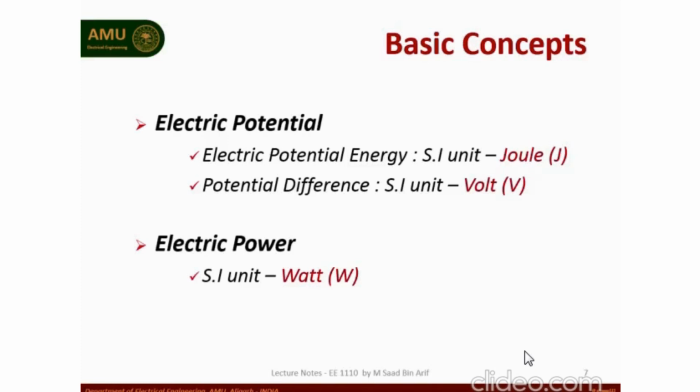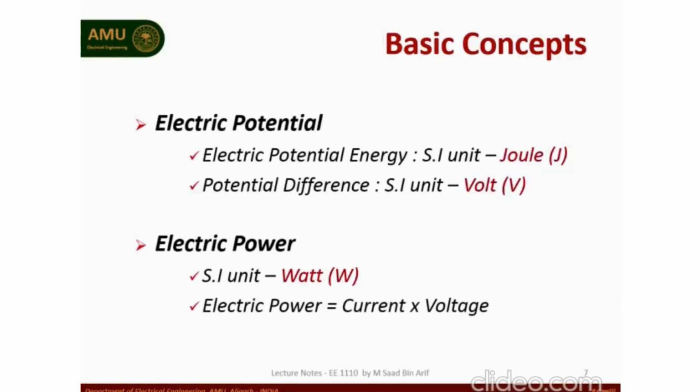Q into V upon time is nothing but Q upon time into V, and Q per unit time is defined as the current. So electrical power can be expressed as current into voltage, that is I into V.